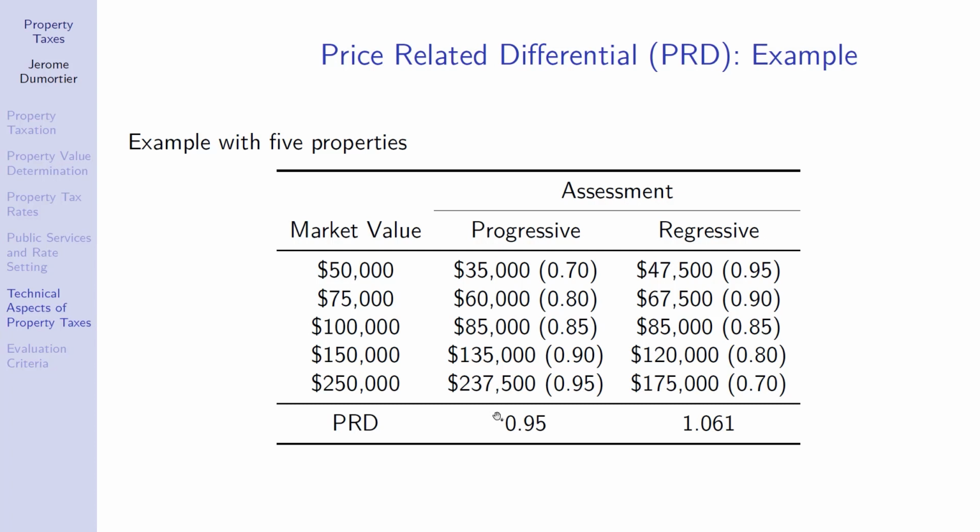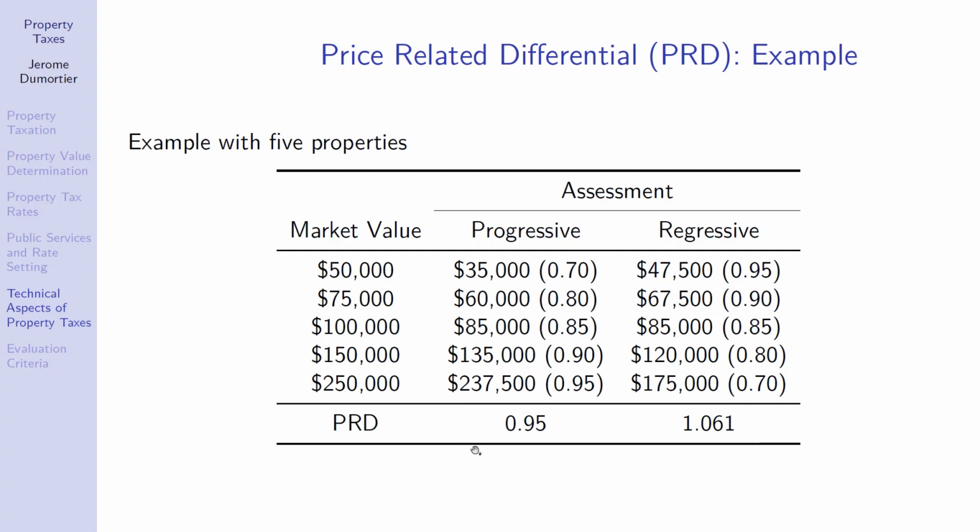So when you take the ratio, you get 0.884, and hence the price-related differential would be the 0.84, which we have calculated before, which is the average of those assessment ratios, divided by 0.884, which gives us a ratio of 0.95.